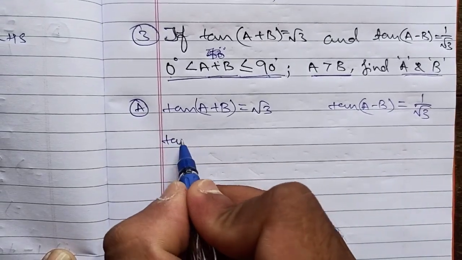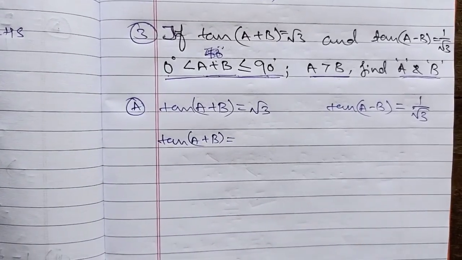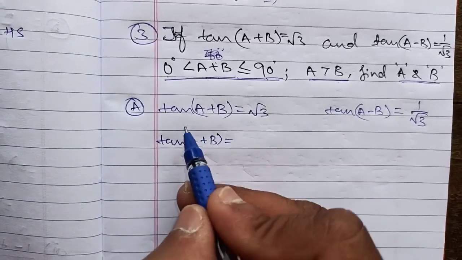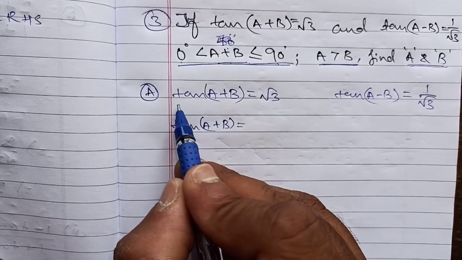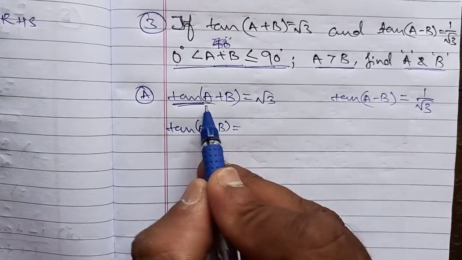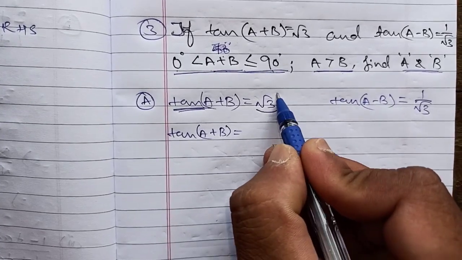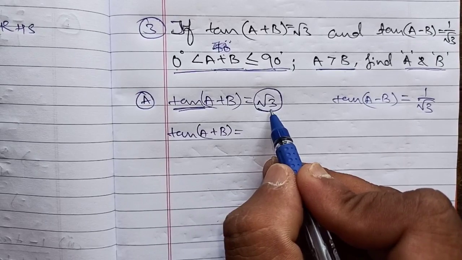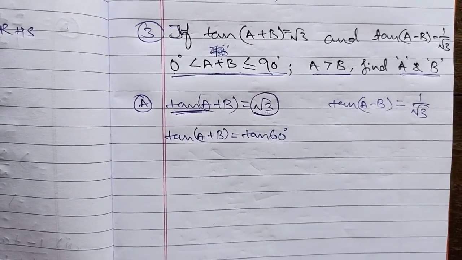Okay, tan a plus b. In these types of questions, there is no degree given in the question. So what we will do, we will try to write both sides with the same ratio, tan. Okay, in the trigonometric table with ratio tan, root 3 is given in tan 60 degree.